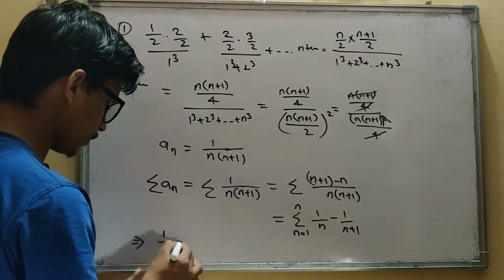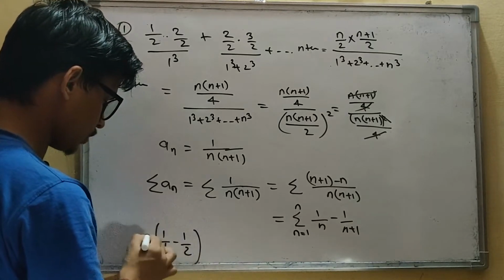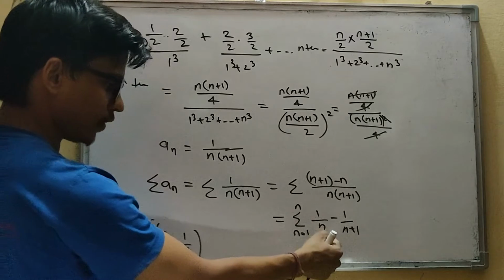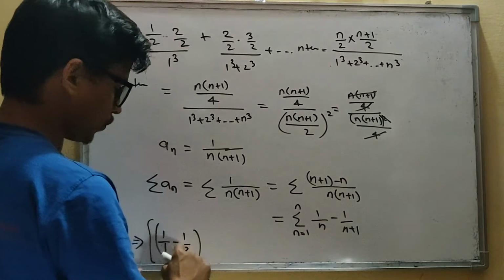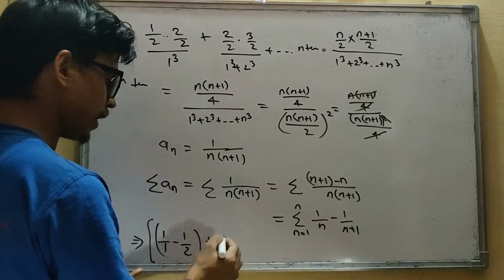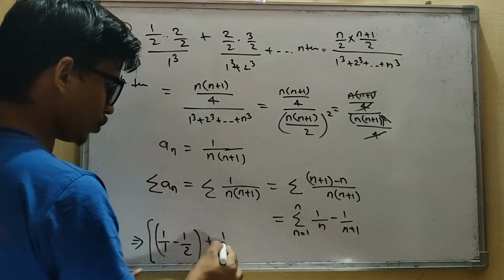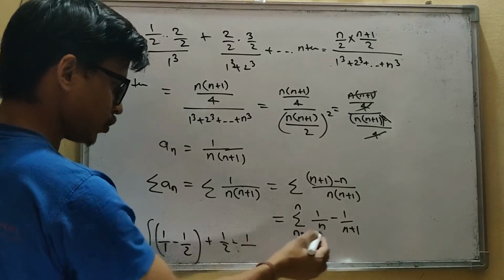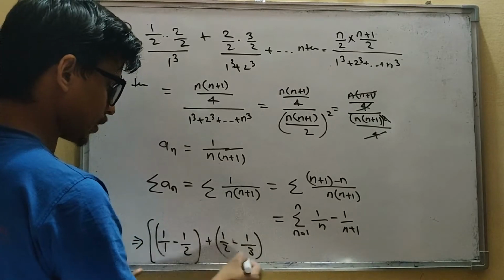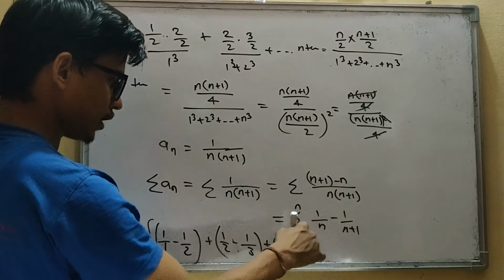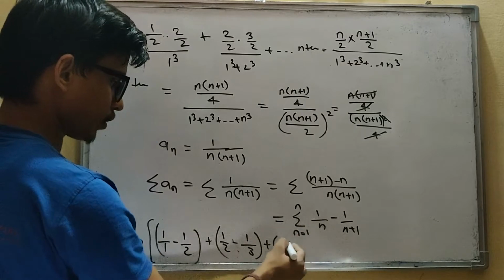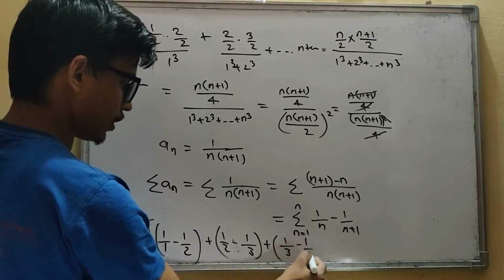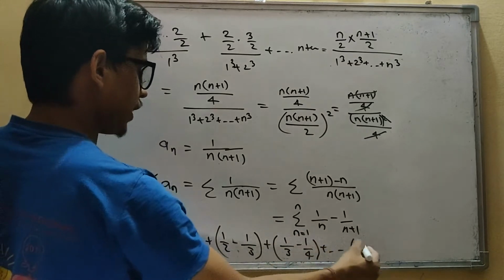So 1 upon 1 minus 1 upon 2, right? This is the summation, n equals 1, and 1 plus 1 is 2 for n equals 1. Now n is equal to 2. So 1 upon 2 minus 1 upon 3, plus n equals 3, and this is going to be like this, and so on till n terms.